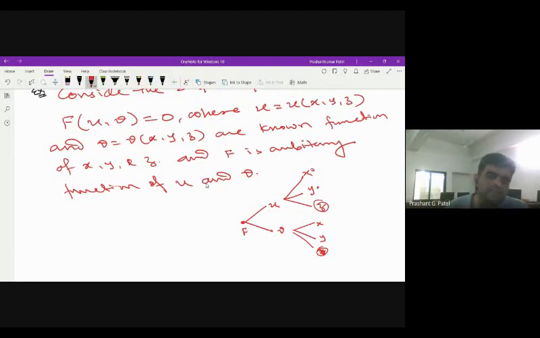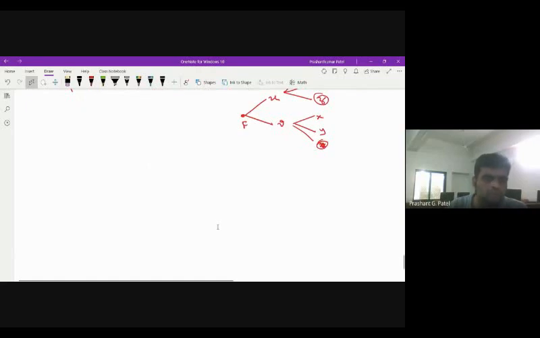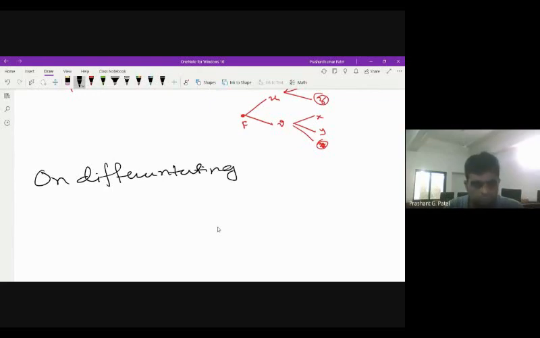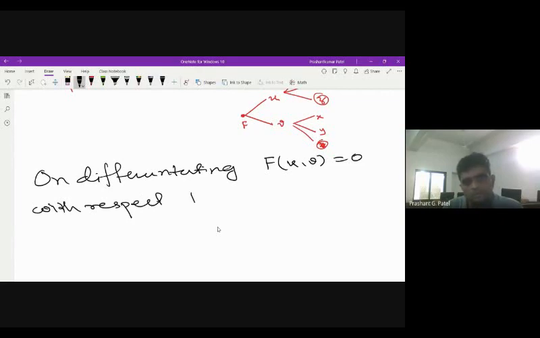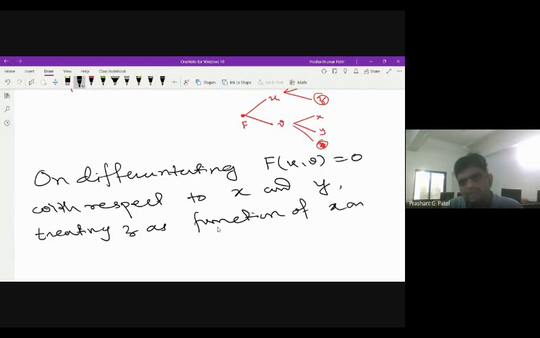So when I differentiate this f of u v equal to 0, we'll have certain things to deal with. Let us write that, on differentiating f of u v equal to 0 with respect to x and y, treating z as a function of x and y.